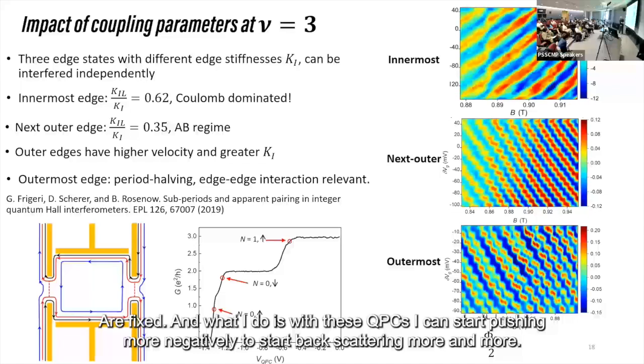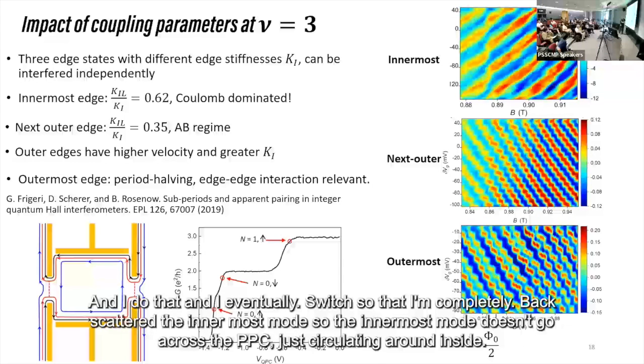And what I do is, with these QPCs, I can start pushing more negatively to start backscattering more and more. And I eventually switch so that I've completely backscattered the innermost mode. So the innermost mode doesn't go across the QPC, it's just circulating around inside.